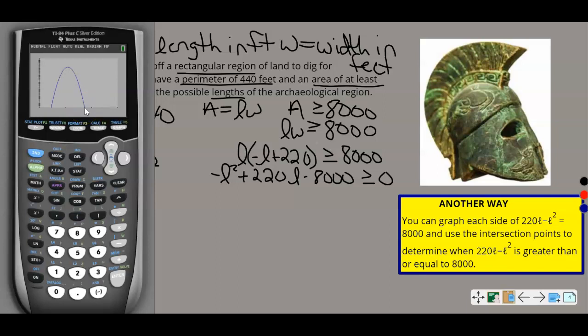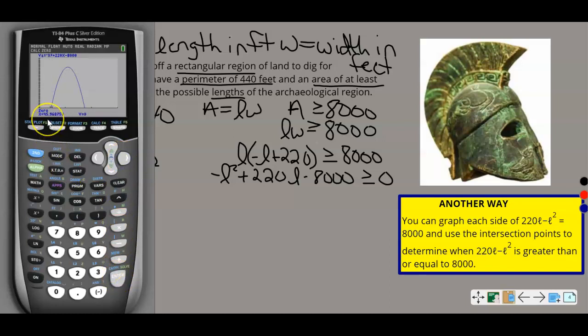All right, so if we want to do our x-intercepts, that will tell us what these values are. So I can do second trace, and let's find the 0. Okay, let's go all the way to the left. Now, since my scale on my negatives is basically you can't see it, you're going to have to take this below where you can see that point and hit enter, and then bring it back above that point and hit enter again.